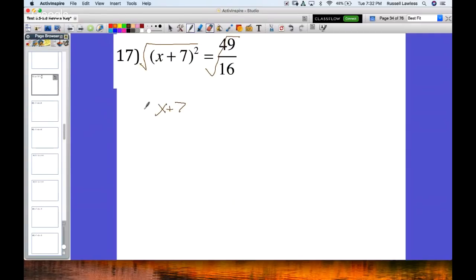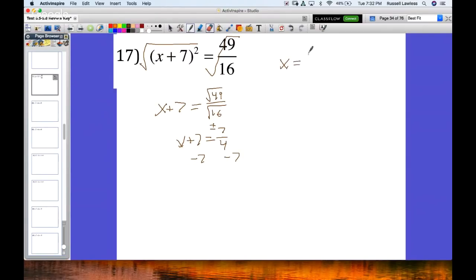So then I'm just left with the x plus 7. And then, of course, that's going to be equal to the square root of 49 over the square root of 16. So x plus 7 is going to be equal to 7/4. But remember, it is a positive and a negative value. So we'll just subtract 7 on both sides.